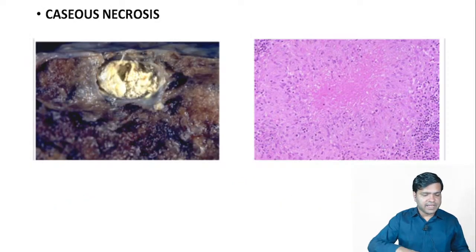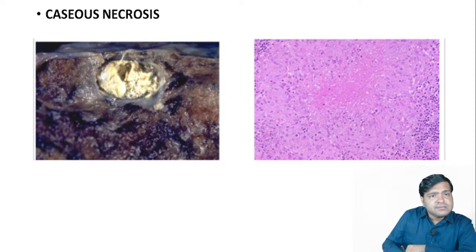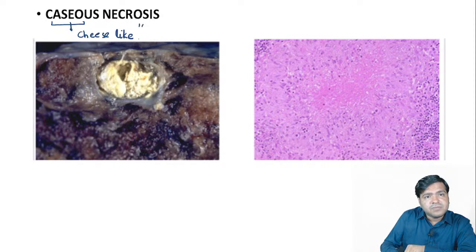Coming on to the next type, that is the caseous necrosis. Caseous is basically something which you can relate to cheese. It is cheese-like necrotic material, which you can very well appreciate.